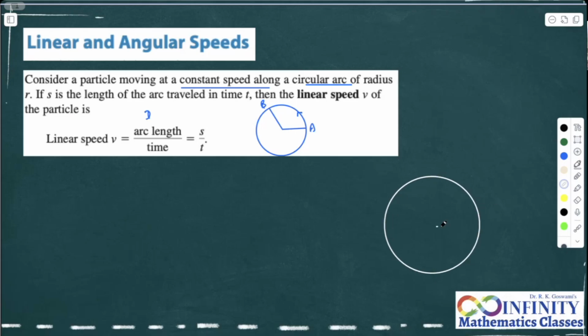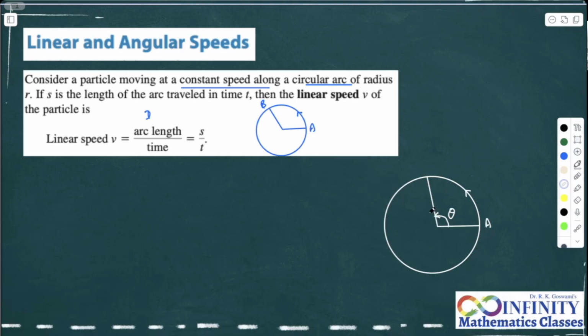Okay. So initially, if you just look at the same circle, just suppose you are at point A, at time t equals 0. When you are moving on this circular arc, there is a central angle, and the central angle is also changing as you are moving. Am I right? So there is a rate of change of angle also.